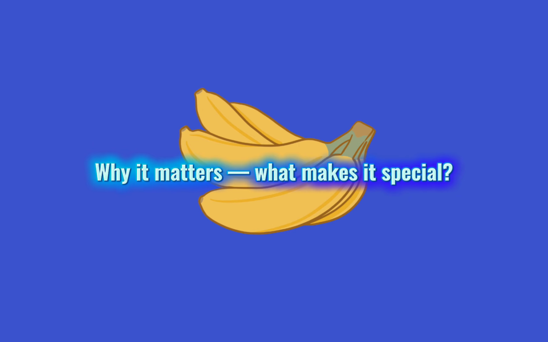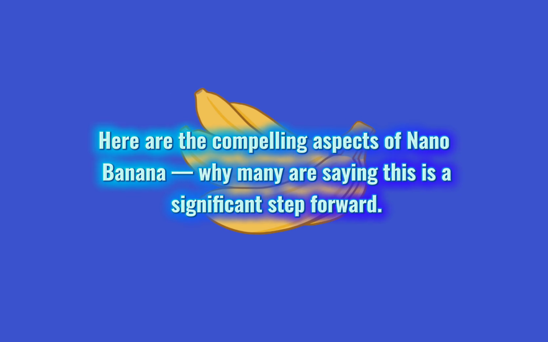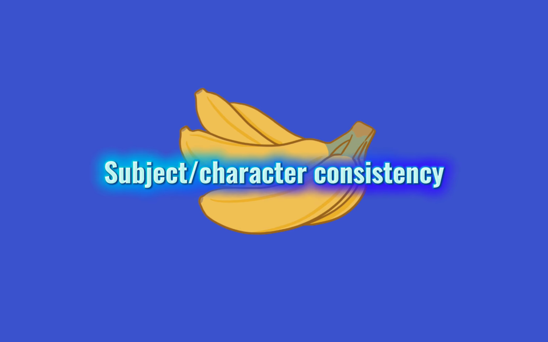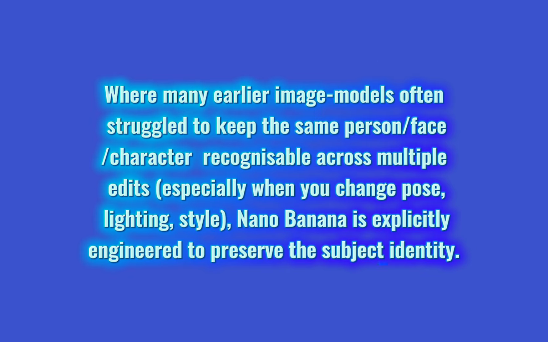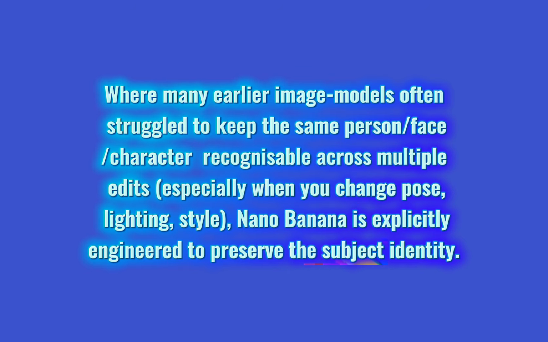Why it matters? What makes it special? Here are the compelling aspects of Nano Banana, why many are saying this is a significant step forward. Subject or character consistency. Many earlier image models struggled to keep the same person's face or character recognizable across multiple edits, especially when you change pose, lighting, or style.